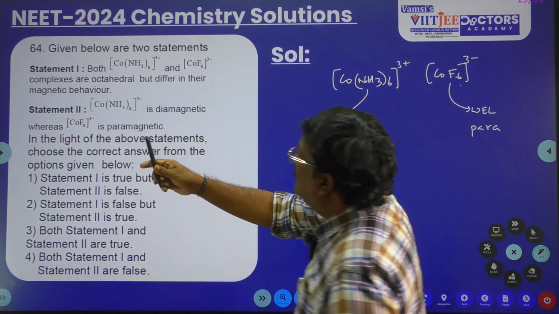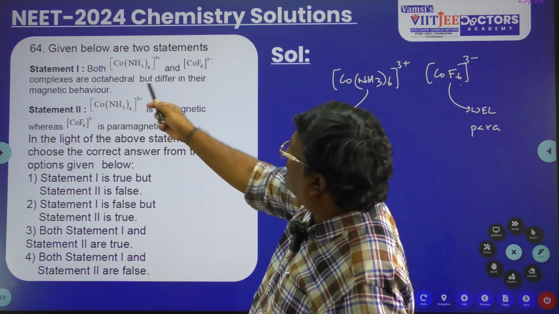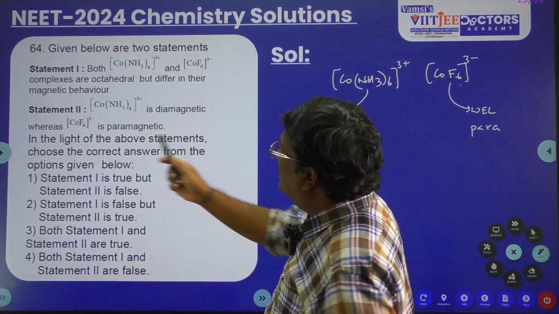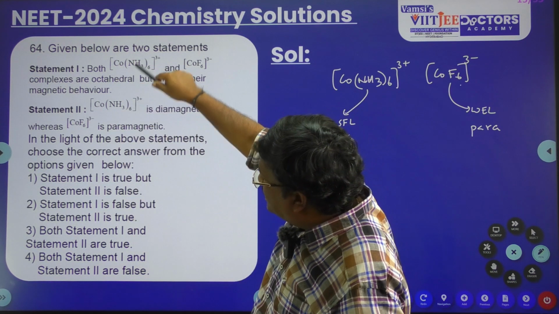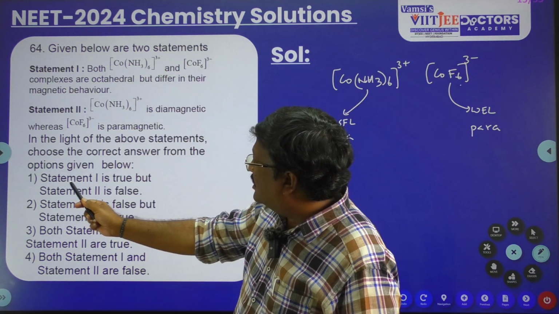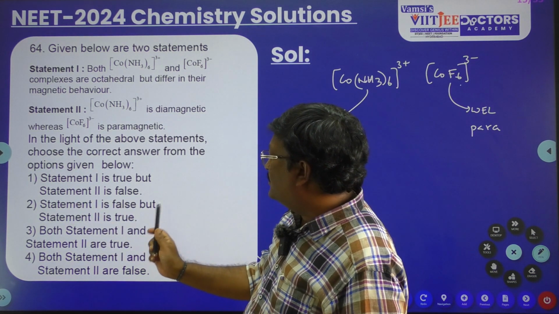The statement says both complexes are octahedral but differ in their magnetic behavior, right? Here one is diamagnetic, the other is paramagnetic. So both statements are correct. Where is it? We have to check: statement 1 is true but statement 2 is false; here 1 is false, no.